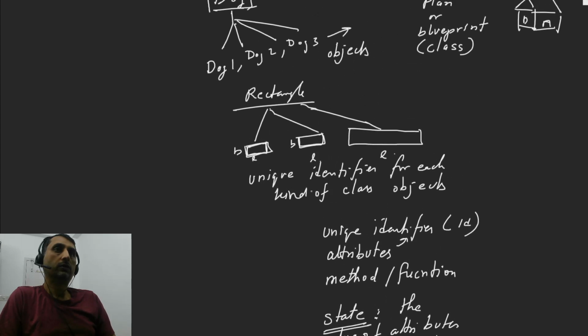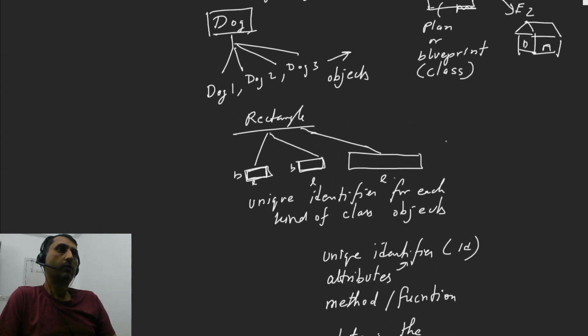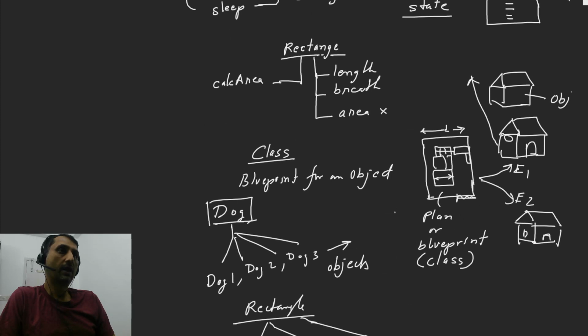So I think I've shown enough examples of a class and object. I hope this is clear, and this video is getting longer, so I will stop here.